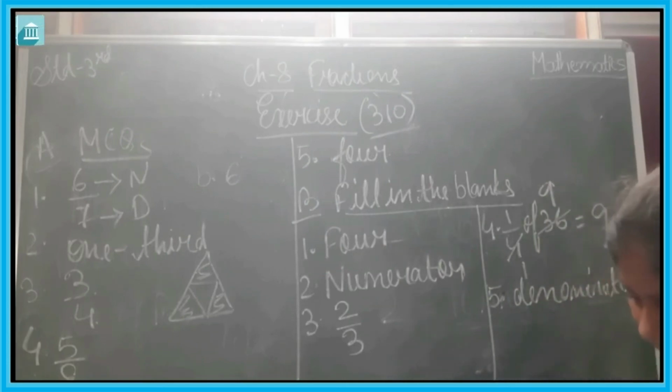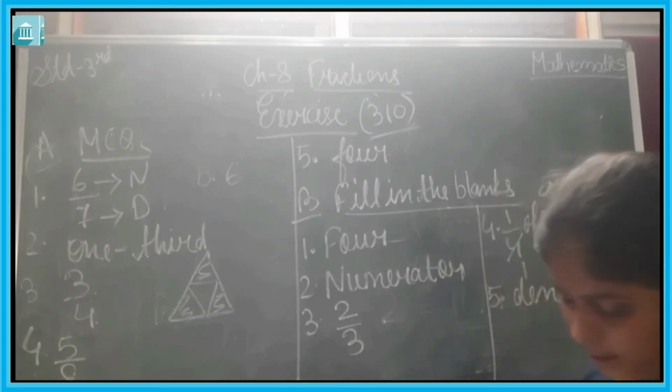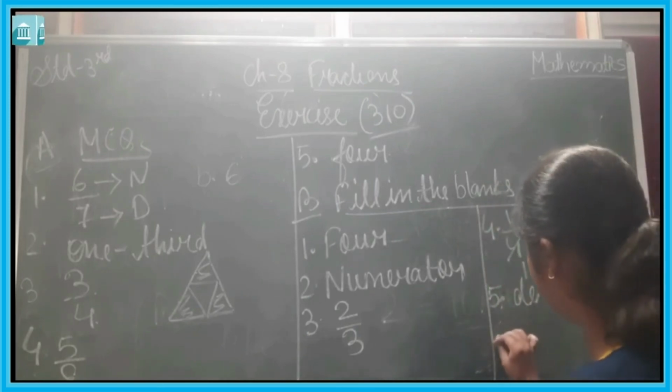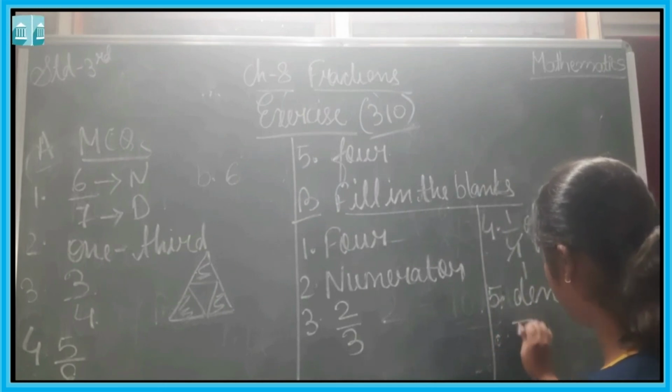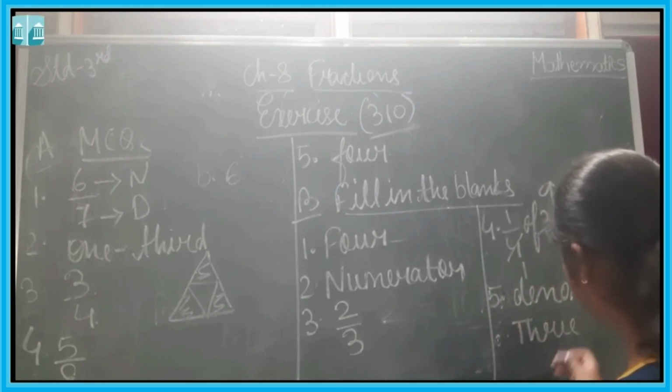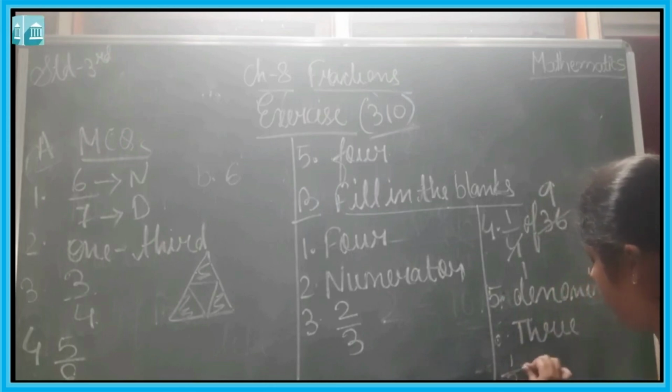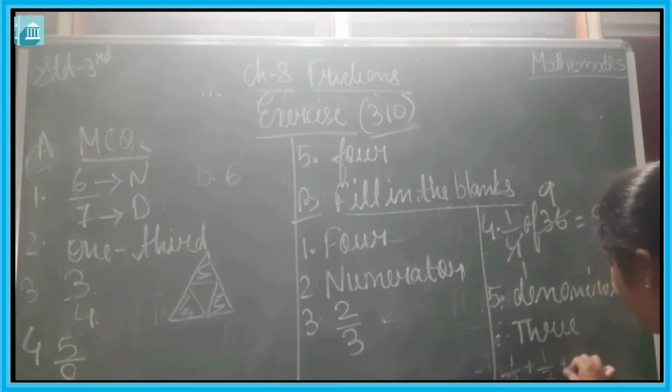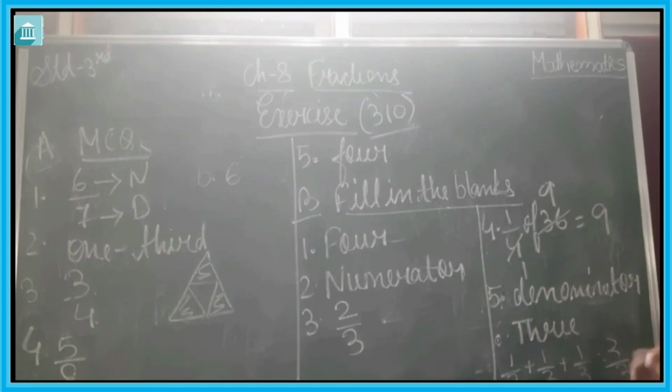Okay. Next. In a dash, 1/3 makes a whole. 3 1/3 make a whole. How 3? 1/3 plus 1/3 plus 1/3 is equal to 1, 2, 3. 3/3. So we got it as 3 makes.